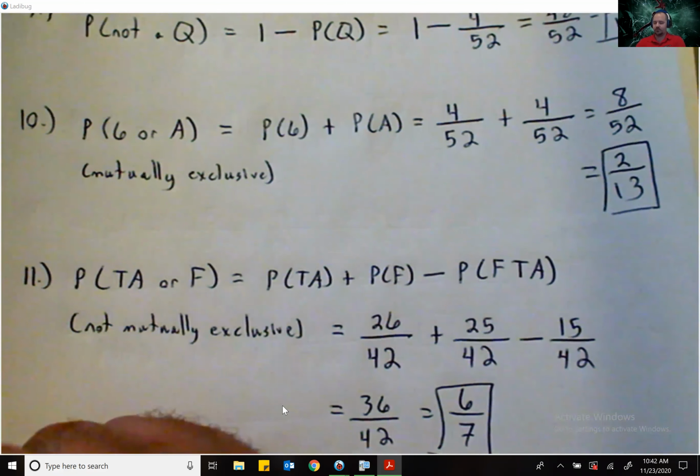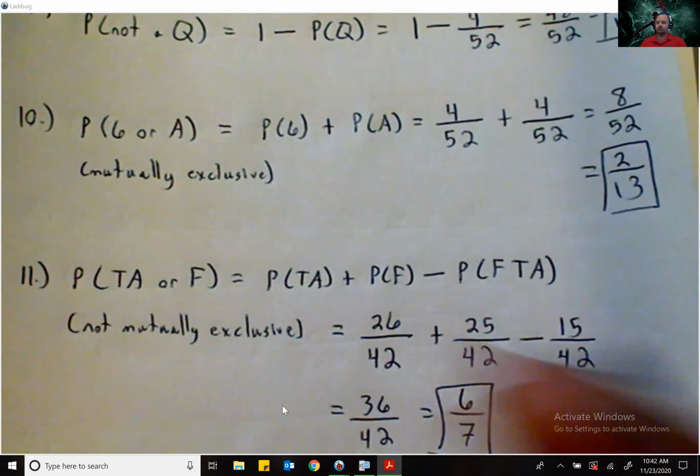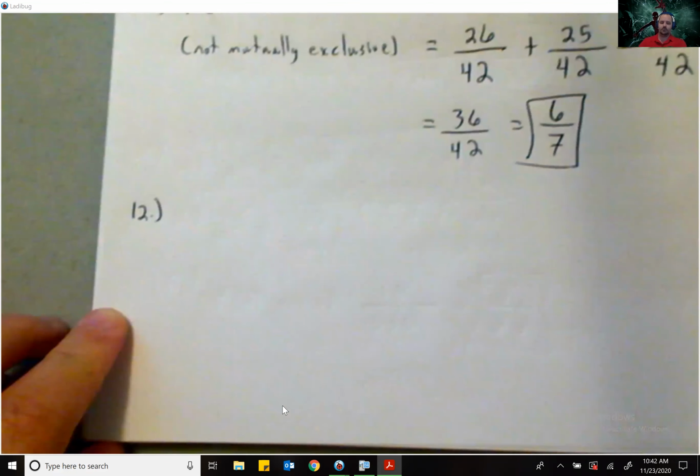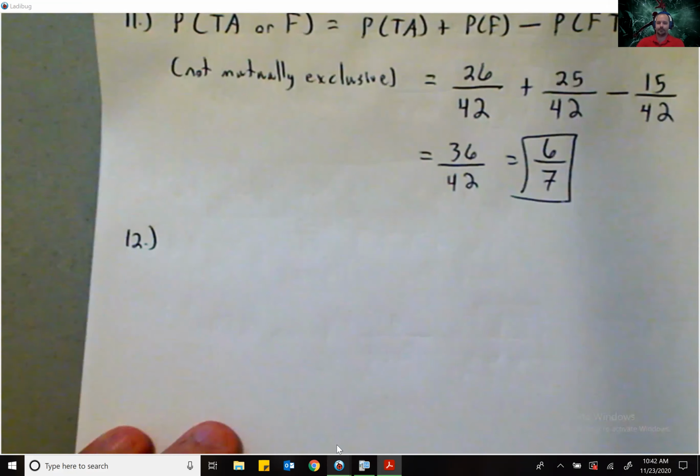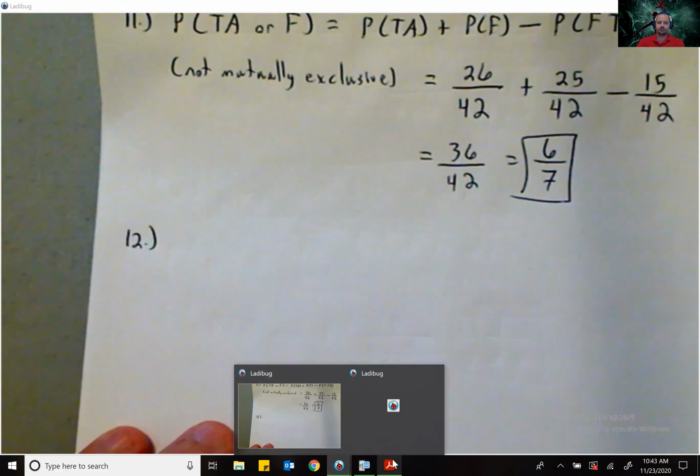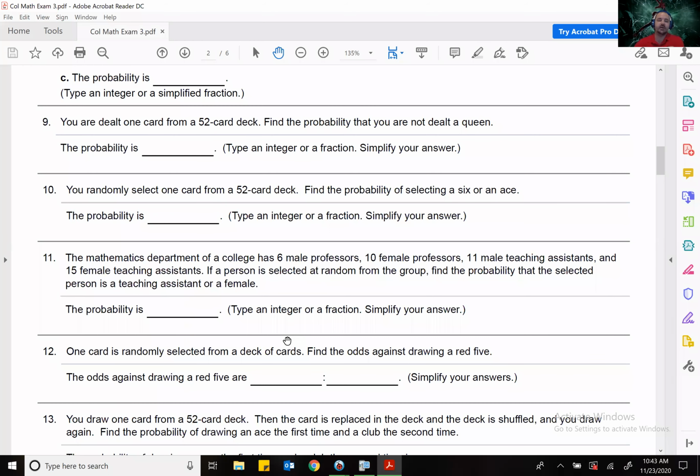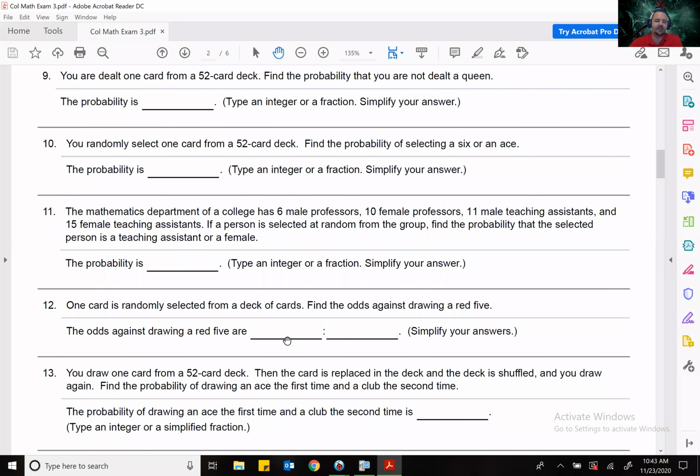All right, number 12. All right, so it says one card is randomly selected from a deck of cards. Find the odds against drawing a 5. So we want odds against, okay? So on top, these are all the ways we lose.